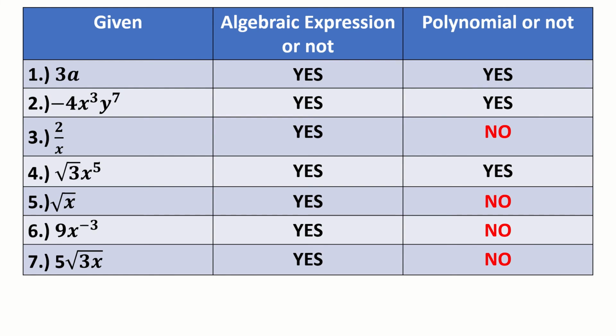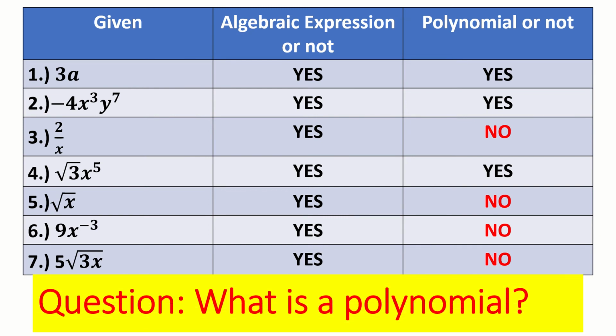So very good. So let's try to summarize all of our answers. So numbers 1 to 7, they're all algebraic expressions, but not all of them are polynomials. So only 1, 2, and 4 are polynomials. So my question now is, what is a polynomial?